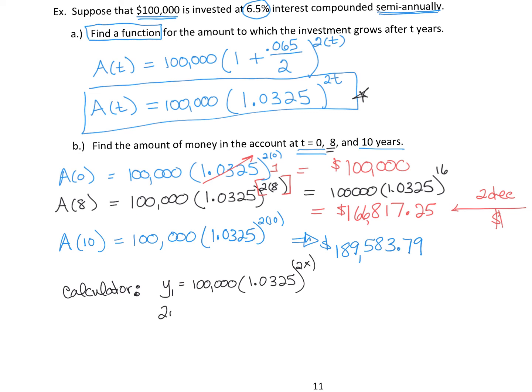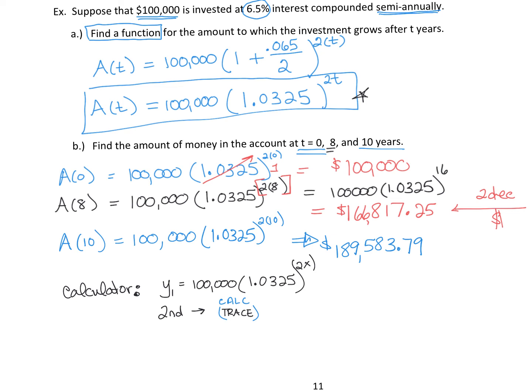Then you can use your second function, calculate. There's a key that says trace at the top, and calculate is right above it. It says calc.